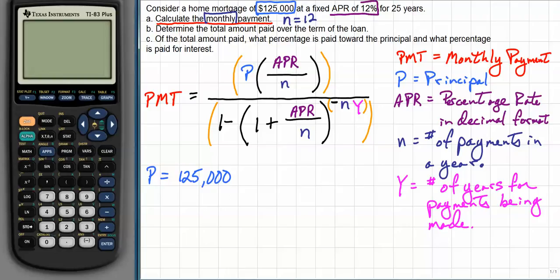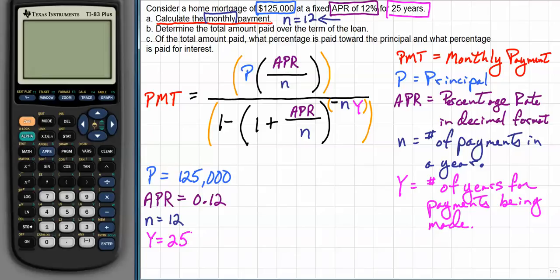The APR here is 12%, so we will write that as a decimal, which is 0.12. Then we have N, the number of payments per year, which we've already done right here. So N is equal to 12. And finally, our Y, which is 25 years. So we'll write that down.